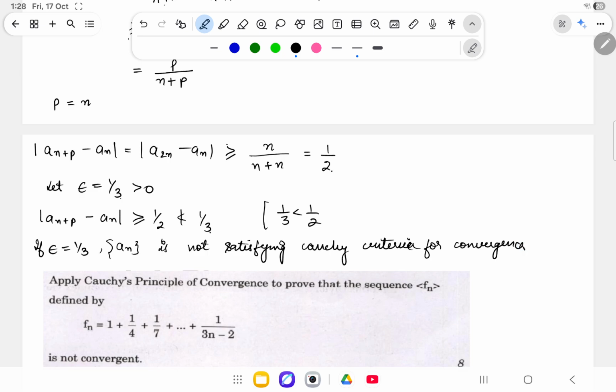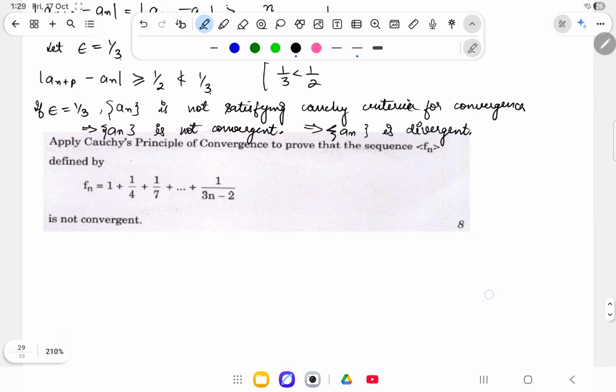So from here I can conclude that my sequence, that is a n, is not convergent. That means my sequence a n is divergent. Now let's move on to discuss the next question.